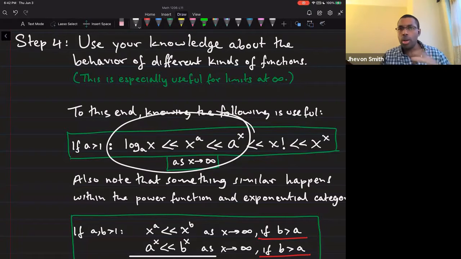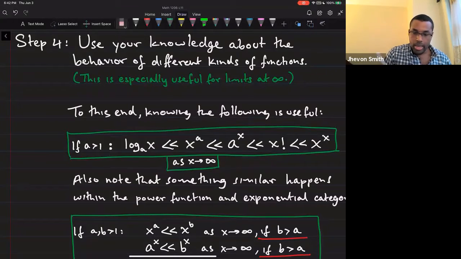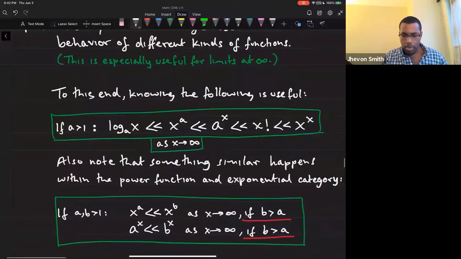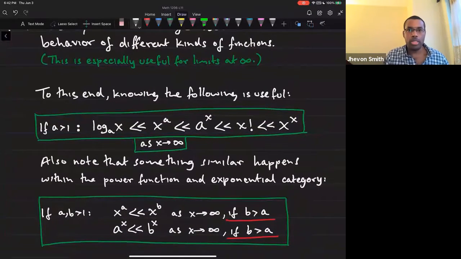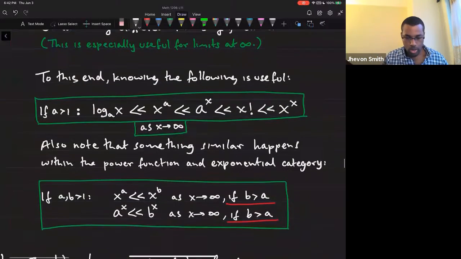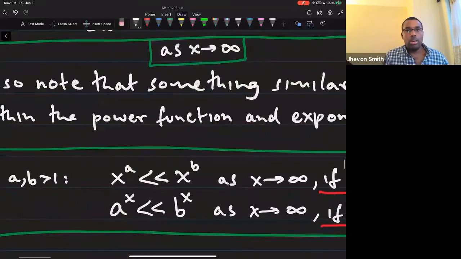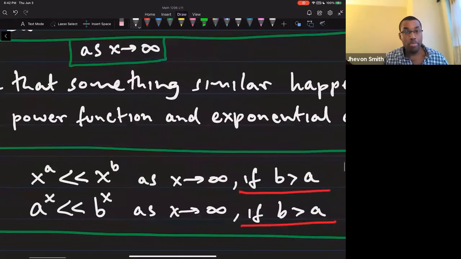So knowing how different functions behave in relation to each other can be super helpful. It's also worth mentioning that for the power function and exponential categories specifically, the same is true within a category. For example, x to the a is going to be much smaller than x to the b if b is greater than a.